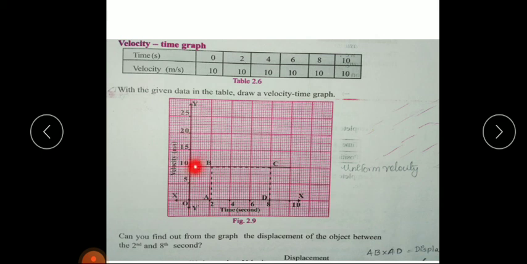See, this is a velocity time graph. So using a velocity time graph, how can we find the displacement? Yes, there is one method. We know that velocity is equal to displacement divided by time. In 8th standard we learned that velocity is equal to displacement divided by time.